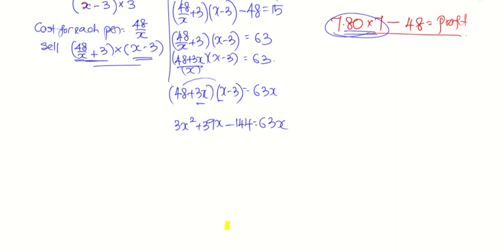The number is very big. 3x squared minus 24x minus 144 equals 0. Everything divided by 3. x squared minus 8x minus 48 equals 0.